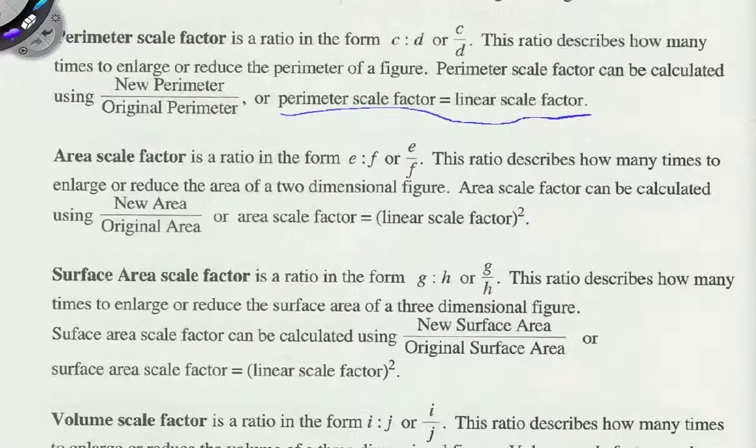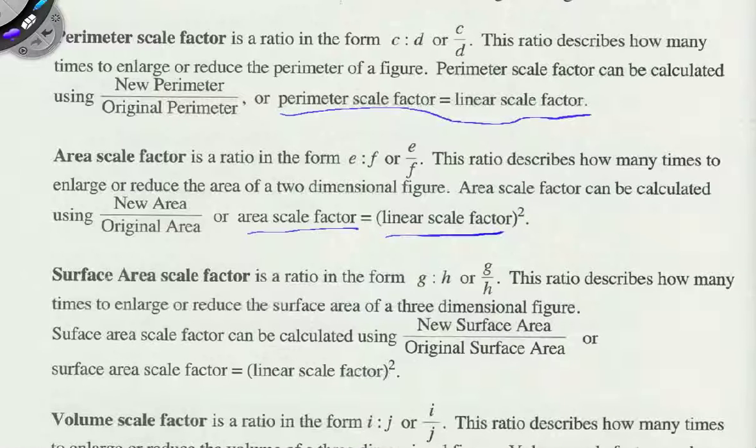If we do area, we can get new area over original area as a scale factor, or to get the area scale factor, we can simply take the linear and square it. Surface area is the same, because this is still dealing with area. So new surface area over original surface area.